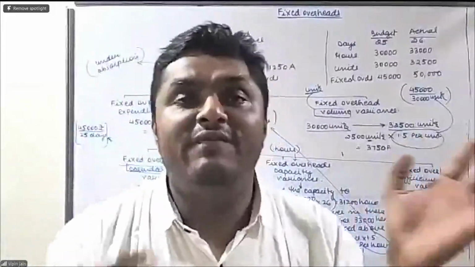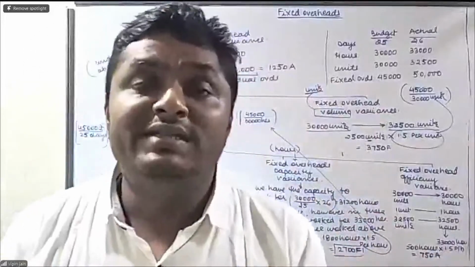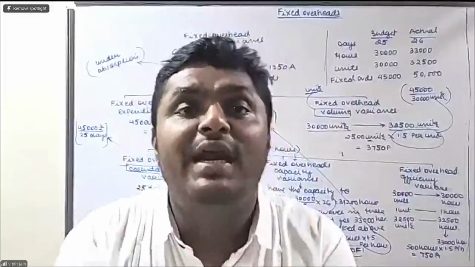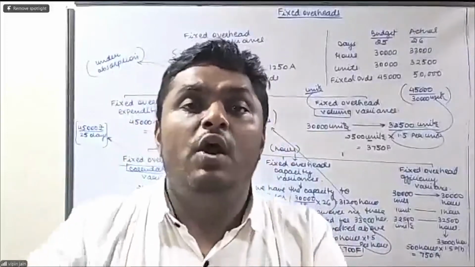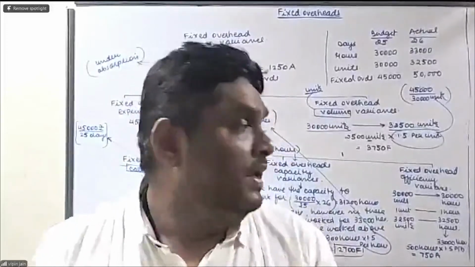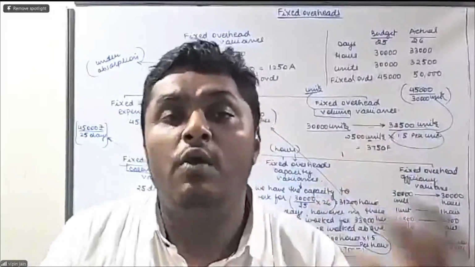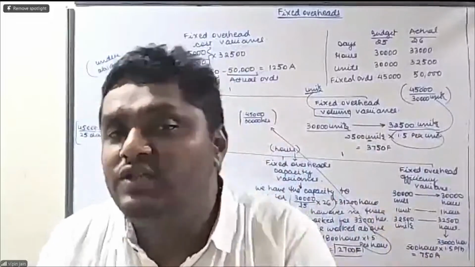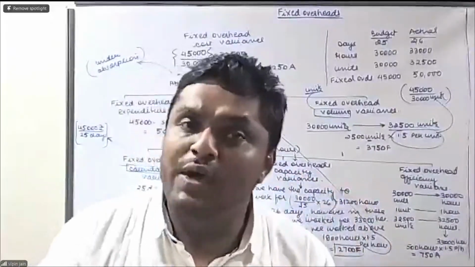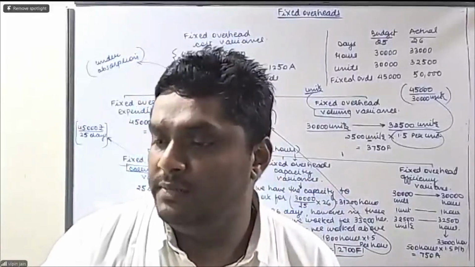Here hours were more, why adverse? So focus on the language. When talking about capacity, it says how much was our capacity and how many hours we worked. Herein, efficiency says that in how much time the work was supposed to be completed and in how much time we actually completed. So just focus on the language. Rest, it's a very easy part.